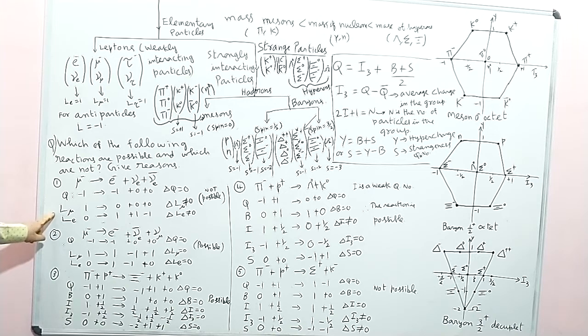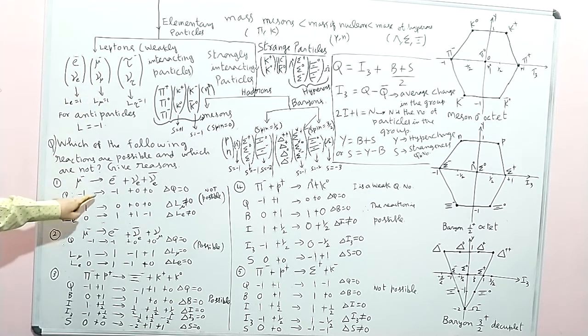Similarly, since all these are leptons, we have to check whether the lepton number is conserved. So L mu, the lepton number associated with the muon, is equal to 1. For the muon the lepton number is 1.